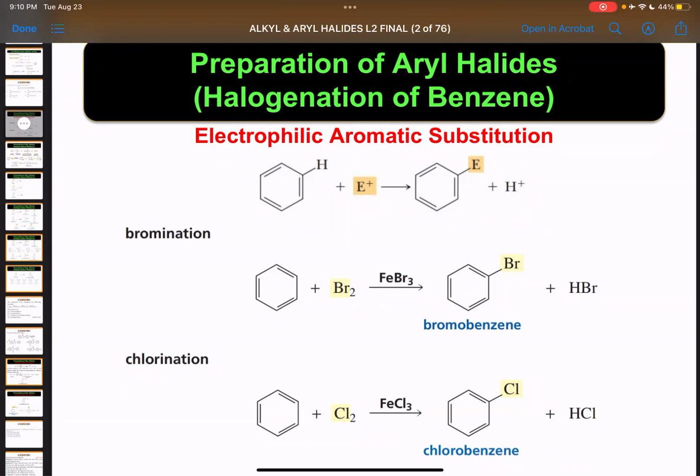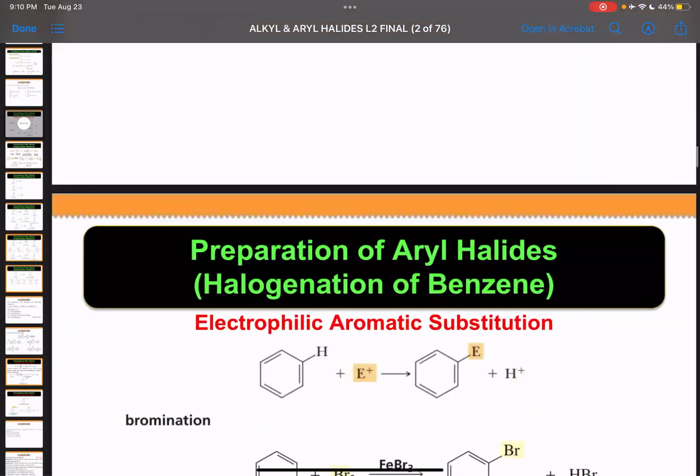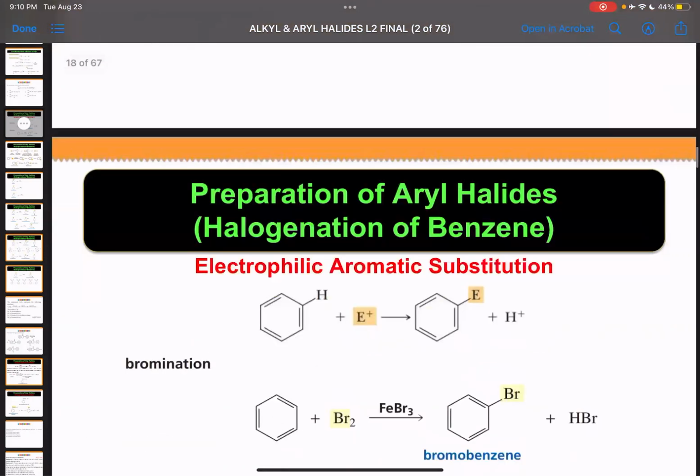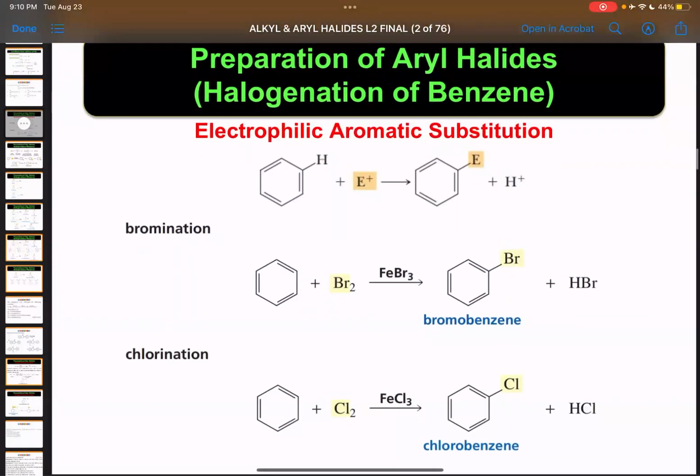So first of all, if you want to attach a group, the common way is to get it in the form of a plus, an electrophile.